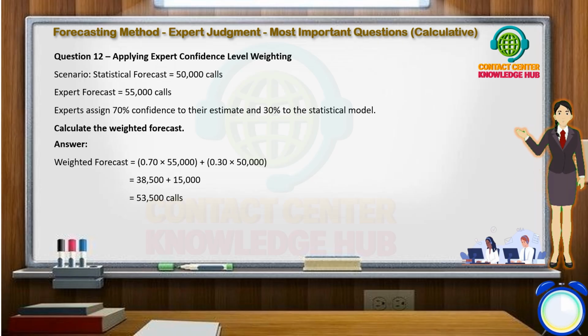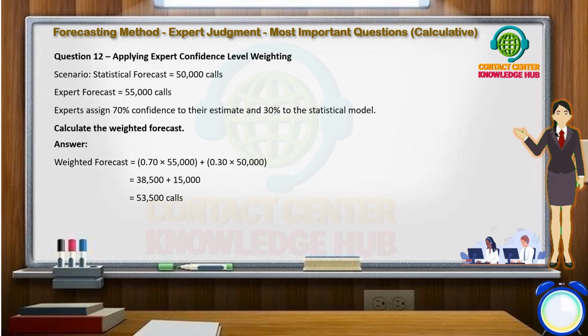So we use a weighted average formula. Weighted forecast is equal to expert weight times expert forecast plus model weight times statistical forecast. Now plug in the values. Expert weight is 0.70, expert forecast is 55,000. Model weight is 0.30 and statistical forecast is 50,000.